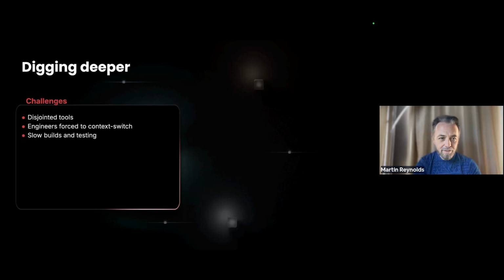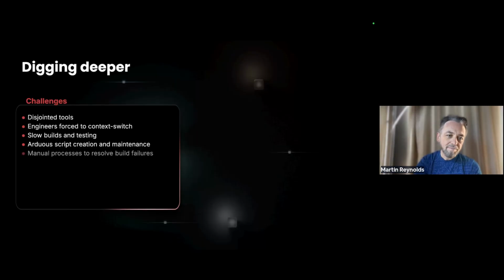Then we have those slow builds and testing cycles, script creation and maintenance across that whole piece, manual processes to resolve build failure. So if a build does fail, you have those big long logs to go through to work out where it's failed and why it's failed and what you might need to do to fix it.